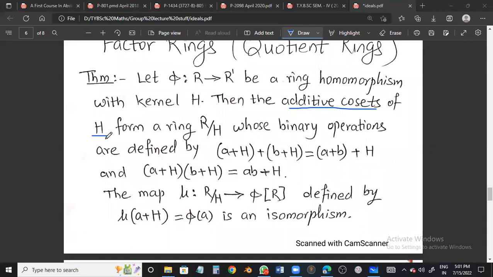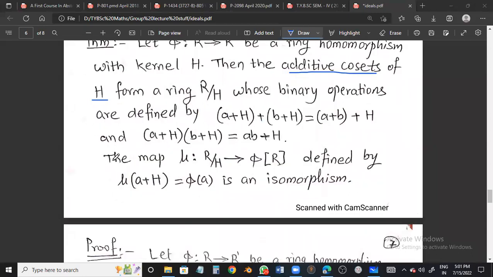Now let us move ahead. The last statement of the theorem says the map mu from R by H to phi of R defined by mu of A plus H equal to phi of A is an isomorphism.